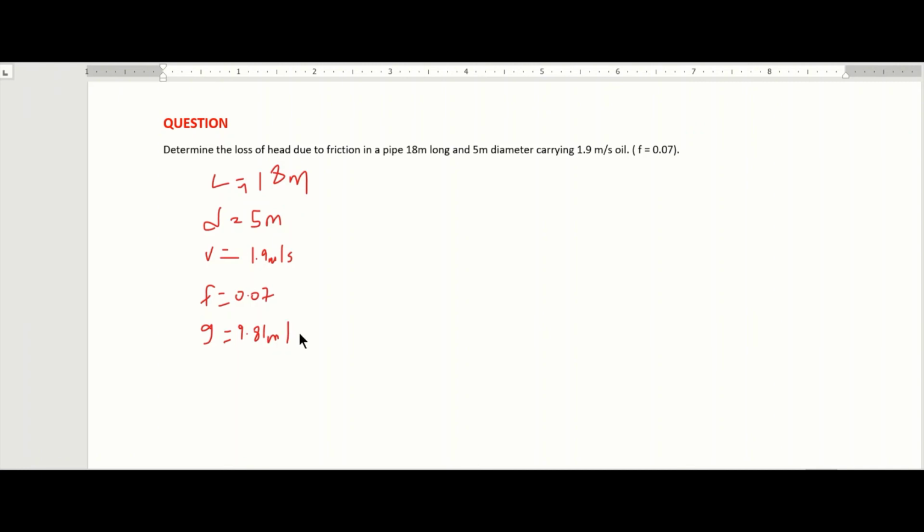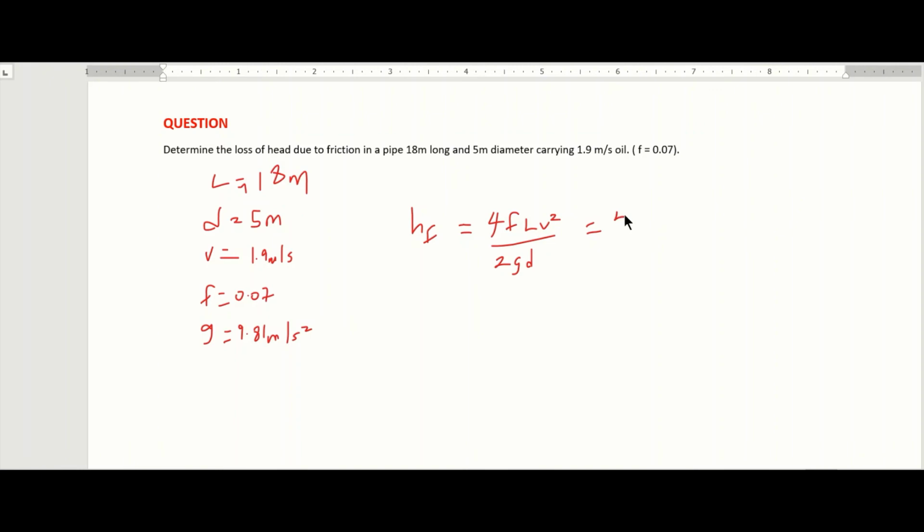meters per second squared. So to find the head loss due to friction, we are given that HF is equal to 4FLV squared over 2G times the diameter. So we can log in the values.